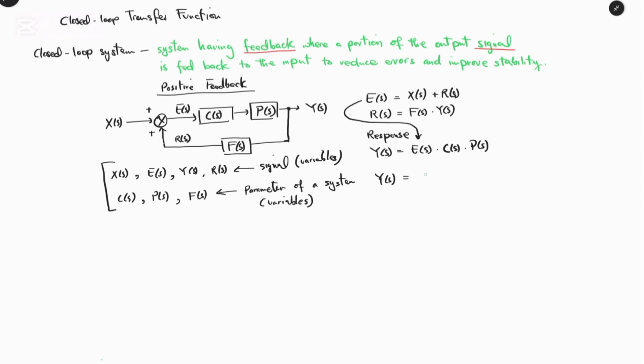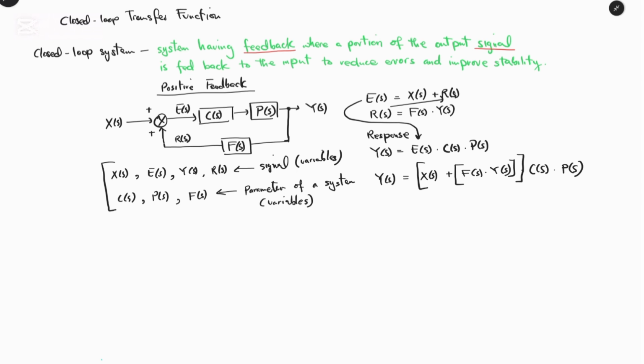So we have X of S plus the R of S. We can now substitute this R of S into this equation such that F of S dot Y of S, and we can multiply all of these with C of S dot P of S. So this is our response of the system.